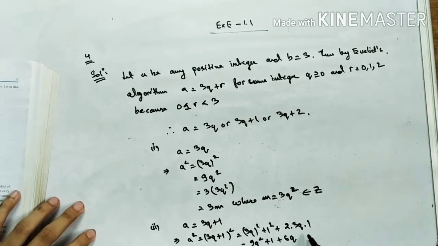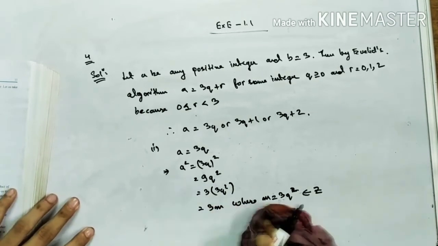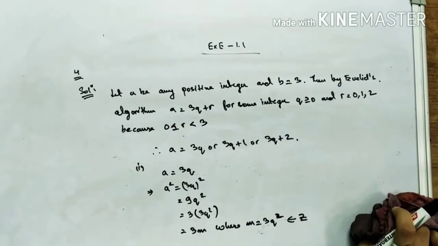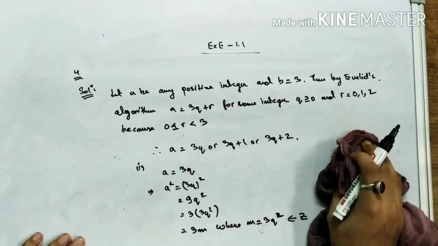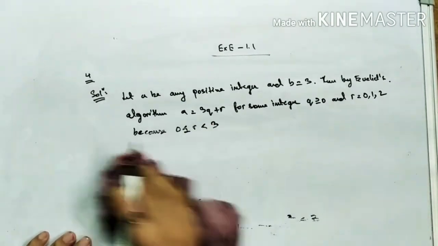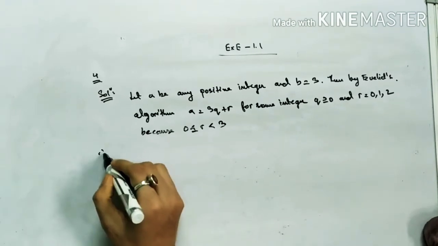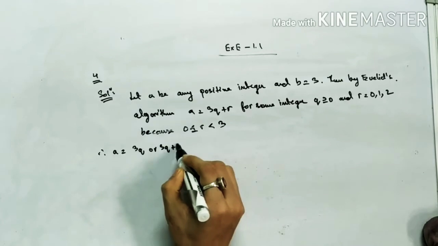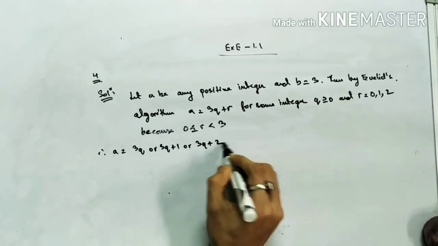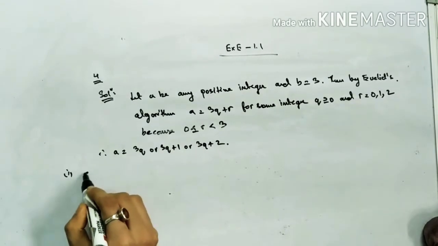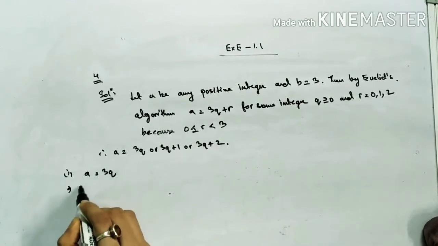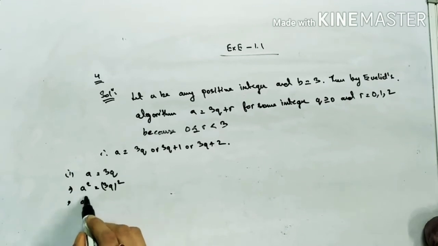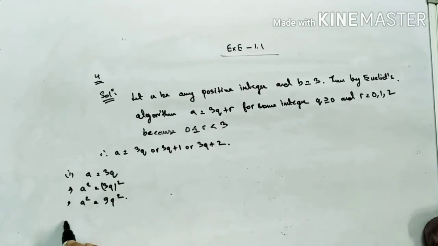Okay, so now let me write this properly. Therefore a is equal to 3q or 3q plus 1 or 3q plus 2. This is your first: a is equal to 3q, then squaring both sides I get a square is equal to 9q square.